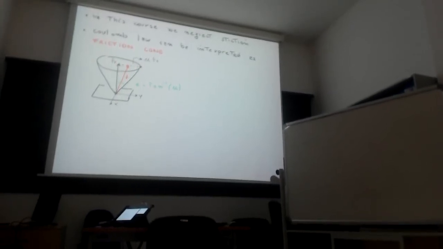So if the force F is inside this cone, we're sure that the tangential force is lower than mu Fz, and there will be no slippage. If it is touching the cone, then a slippage motion starts to occur.